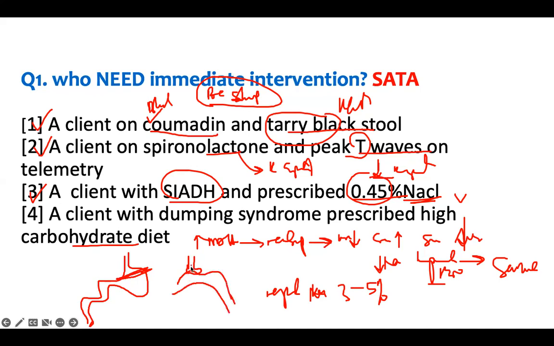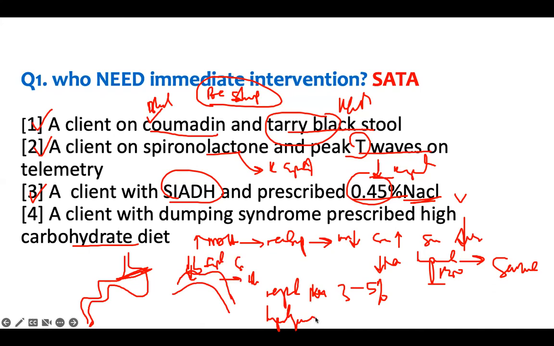So when you eat, it's dumped right into the small bowel. If they eat a lot of simple carbohydrate, that is sugar, it gets dumped into the small bowel, and this then dumps into the blood, and your body will see high glucose, therefore it releases insulin. Insulin comes and pushes all the glucose into the cell, and you become hypoglycemic.